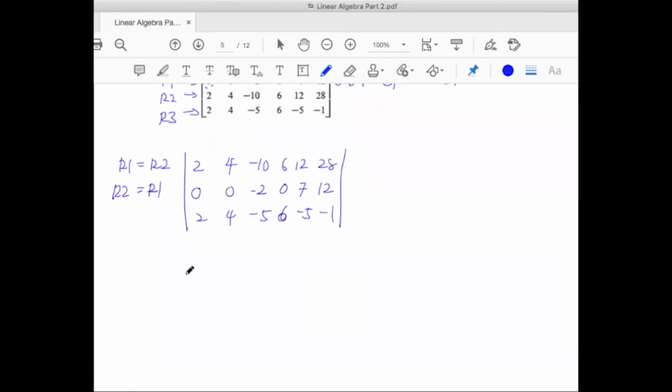So the next stage, we need to change 2 to become 1. So what we can do is we multiply row 1 with half. So we have these equations.